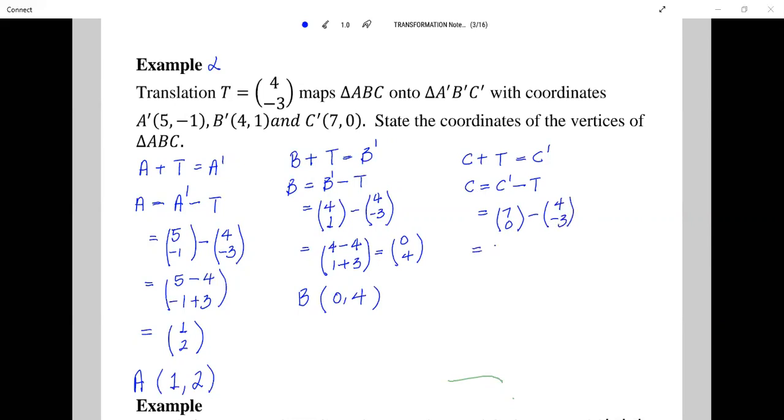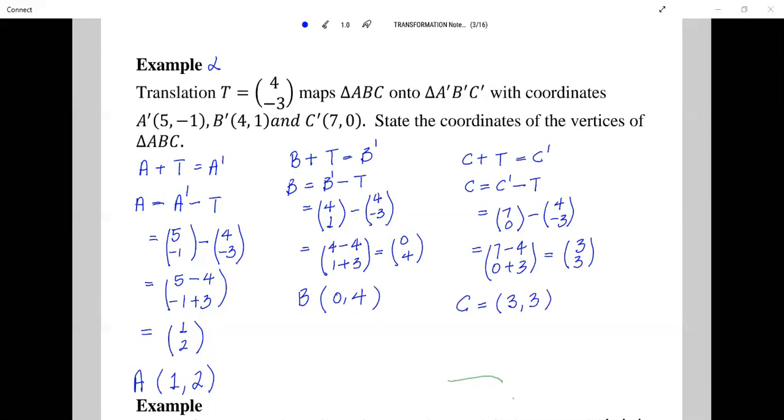This would be 7 minus 4, 0 plus 3. So this would end up to be (3, 3). And so C would be the point (3, 3).